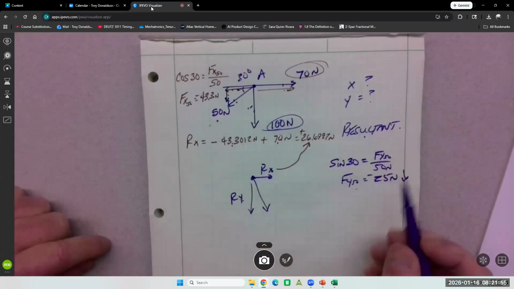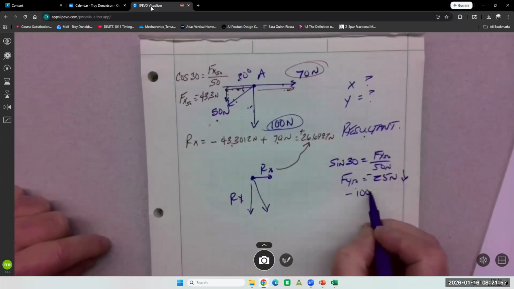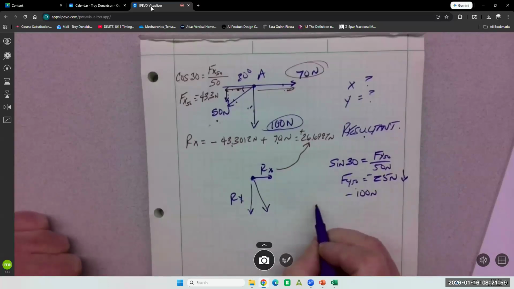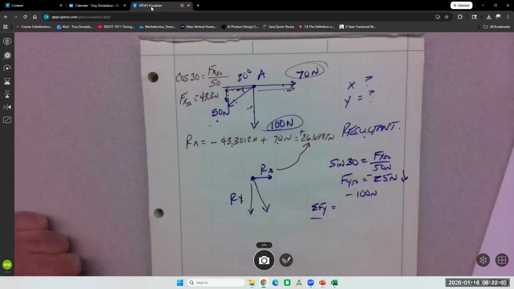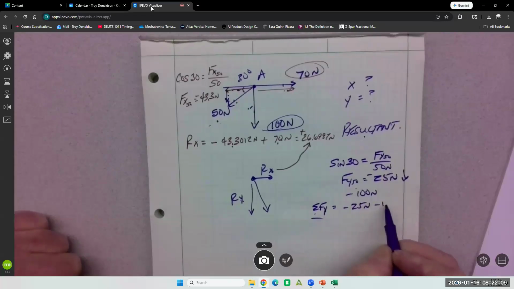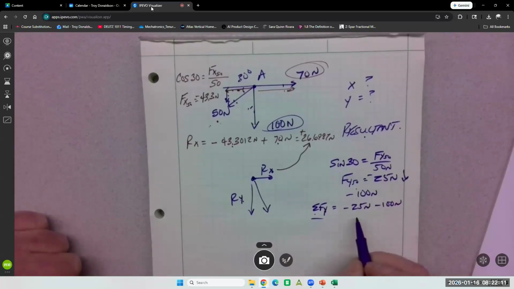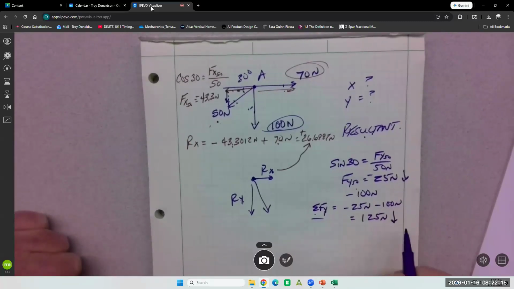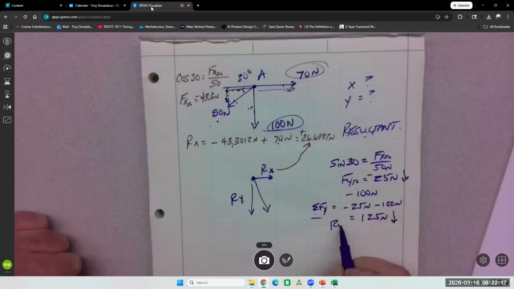All right, that's that one. And then we have this one, and it's down, another 100 down. So if I sum the forces in the y, that's typically how we write it, summation of forces in the y, we have minus 25 newtons and a minus 100 newtons equals 125 newtons down. And that gives me Ry.